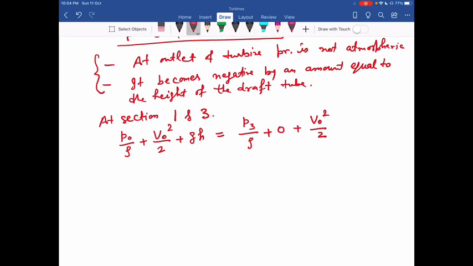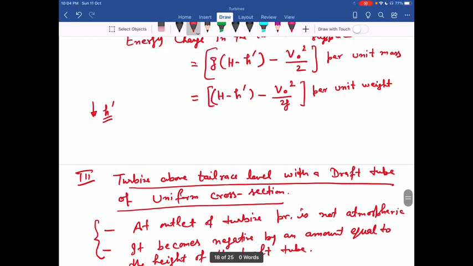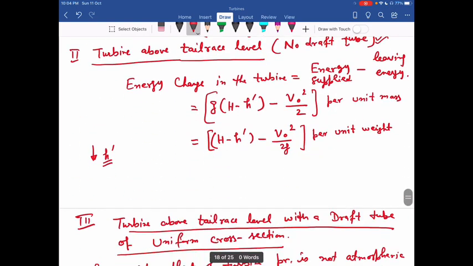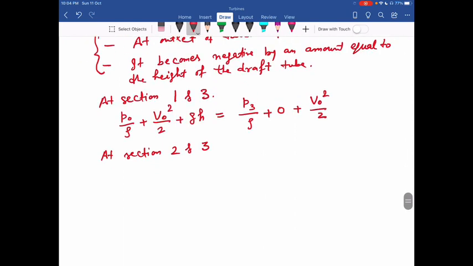Okay. Now I again apply Bernoulli's theorem at section 2 and 3. So section 2 is at tail race level. You can see here the section 2 is at tail race level and section 3 is at the outlet of the draft tube. So I can write here.